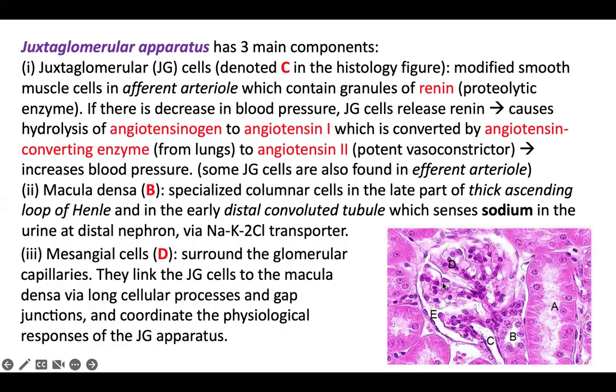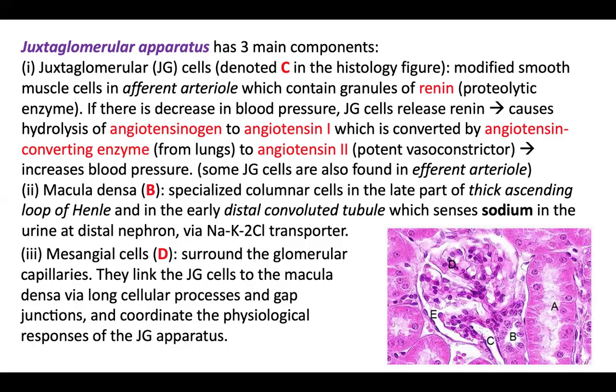So these are specialized columnar cells found in the late part of the thick ascending loop of Henle and also in the early distal convoluted tubule. But essentially, these are specialized cells in the more distal part of the nephron, and they work to sense sodium concentrations in the urine in the distal part of the nephrons. And this is important because they will release specific factors, paracrine factors, in response to high or low sodium levels in the urine.